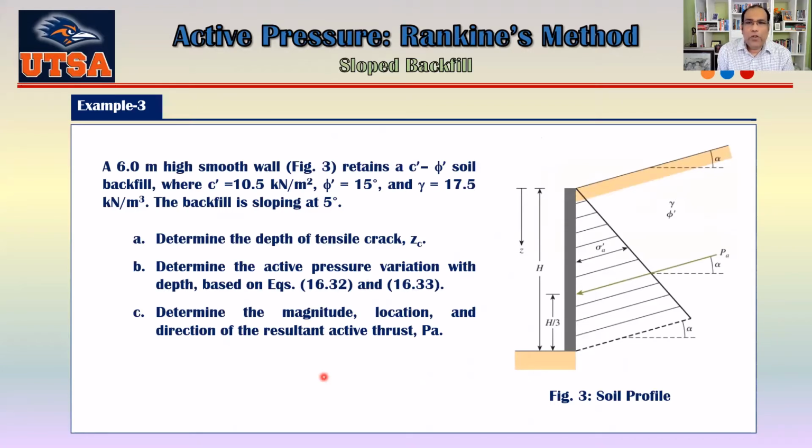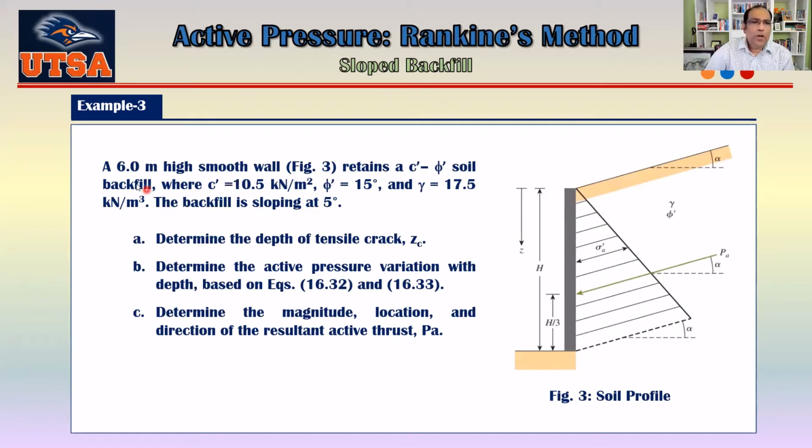This is example 3. Okay, again, this is active pressure, and we are going to follow the Rankine's method. But here, this one is slope backfill, which means that the backfill here, this is your vertical wall, and the backfill here has an angle alpha with the horizontal. Okay, this is basically a generalized case.